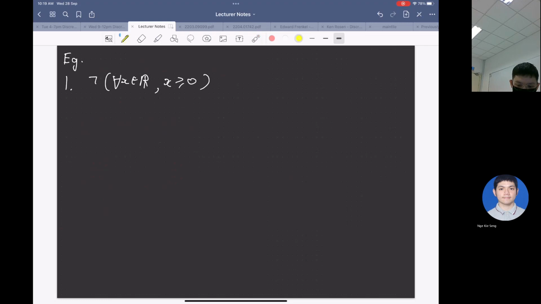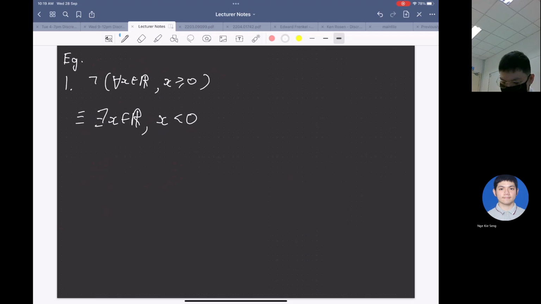So let's try and negate this example here. When you bring De Morgan's law in, what do you get? There exists x in R such that x is less than 0.